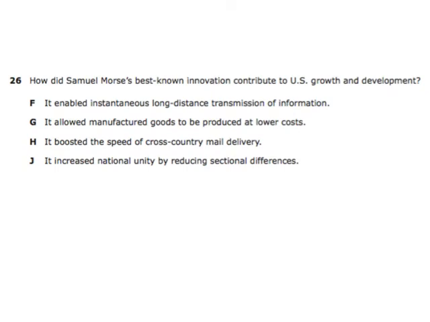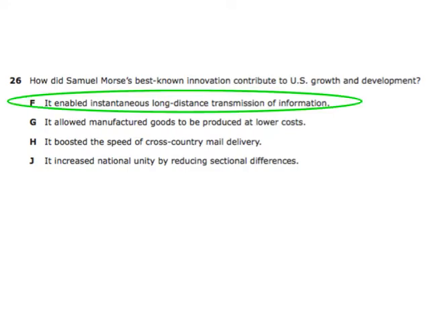How did Samuel Morse's best-known innovation contribute to U.S. growth and development? It enabled instantaneous long-distance transmission of information. That's Samuel Morse. Remember the tap, tap, tap Morse code? And he invented the telegraph, or the telegram, sorry.